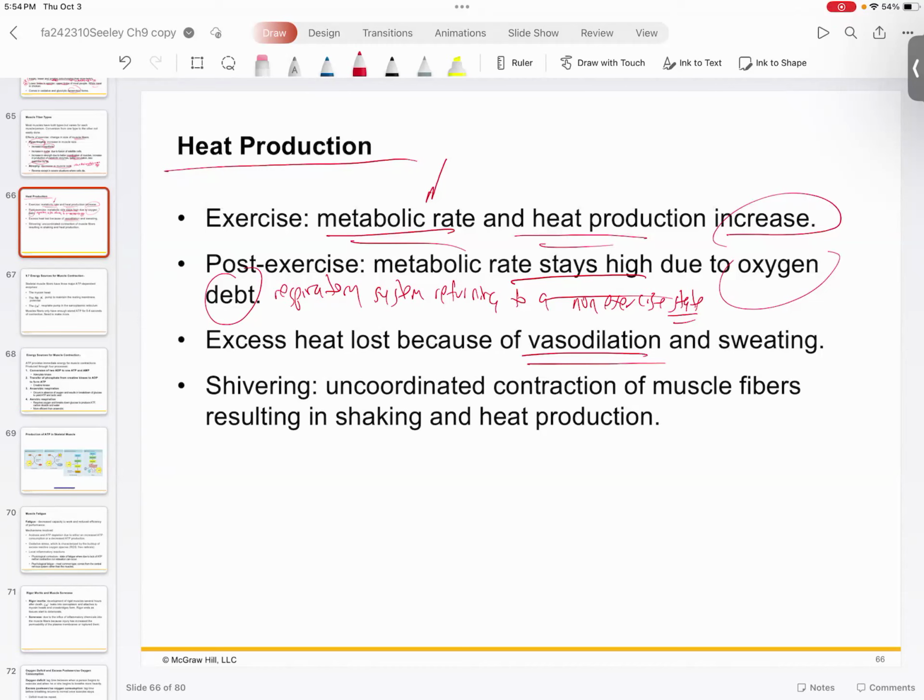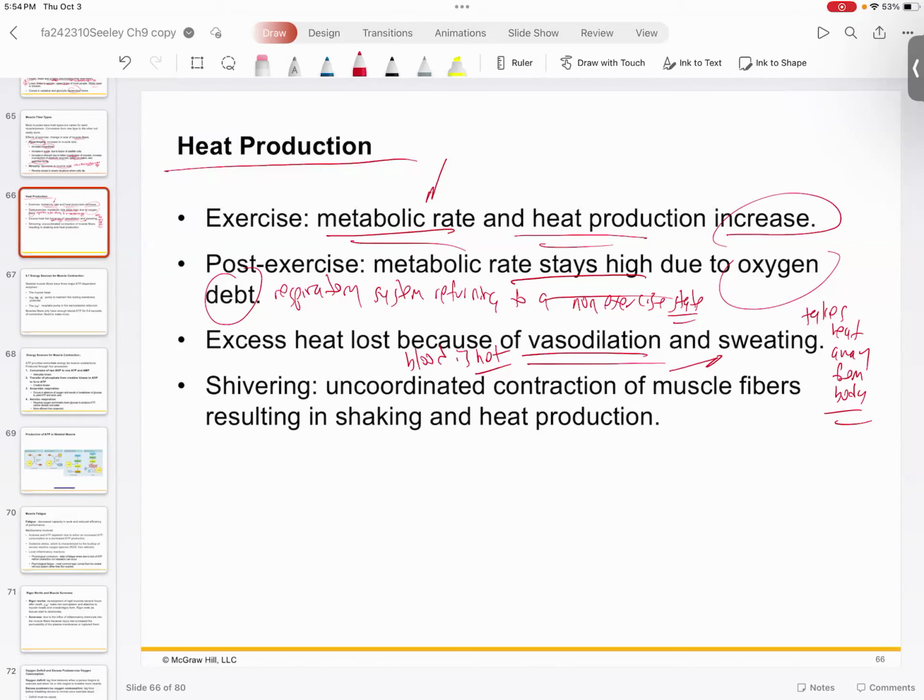And that hot blood, remember, blood is hot, that hot blood that's in those vessels is heating up the sweat, and the sweat is taking the heat away from the body. That keeps your core body temperature from overheating.